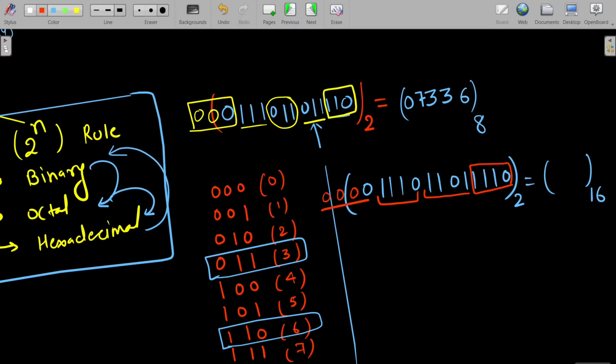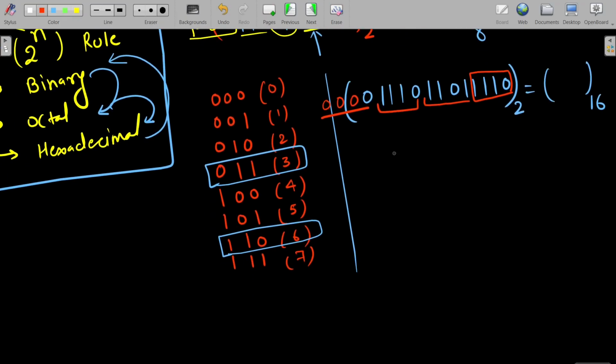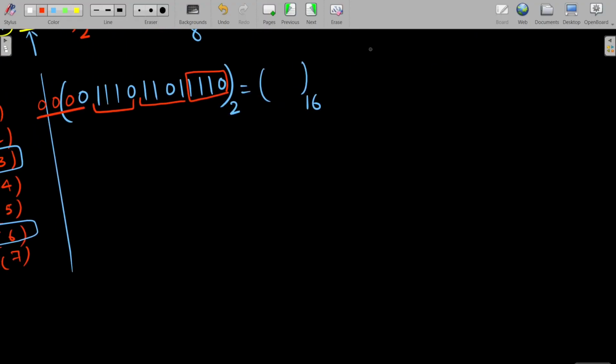Now you have to write the hexadecimal equivalent of all these 4-bit groups. For that, you should know the hexadecimal number system for 4 bits.